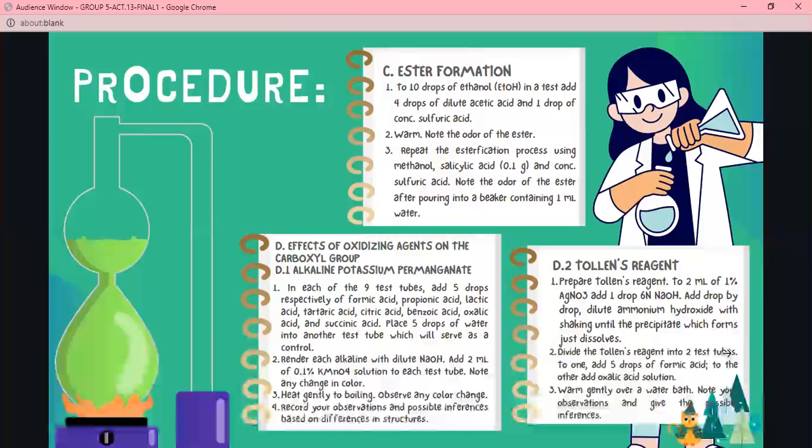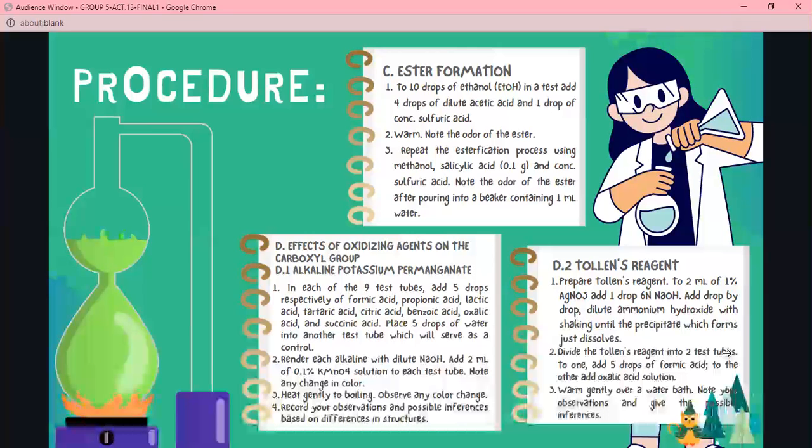For the effects of oxidizing agents on the carboxyl group, with alkaline potassium permanganate, first, in each of the 9 test tubes, add 5 drops respectively of formic acid, propionic acid, lactic acid, tartaric acid, citric acid, benzoic acid, oxalic acid, and succinic acid.